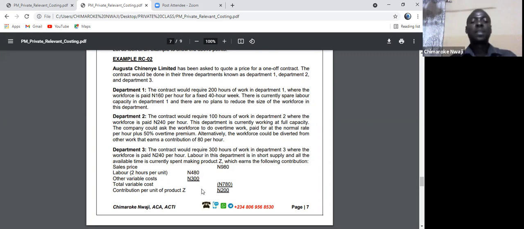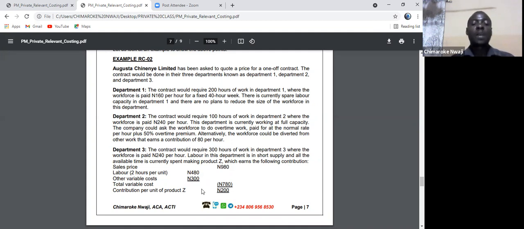Department 1, the contract will require 200 hours of work in Department 1, where the workforce is paid 160 naira per hour for a fixed 40-hour week. There is currently spare labor capacity in Department 1, and there are no plans to reduce the size of the workforce in that department.